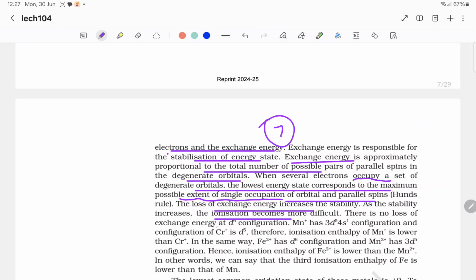There is no loss of exchange energy for Mn+ with d6 configuration, as d5, 4s1 configuration, and configuration of chromium Cr+ is d5. Therefore, ionization enthalpy of manganese is lower than chromium.